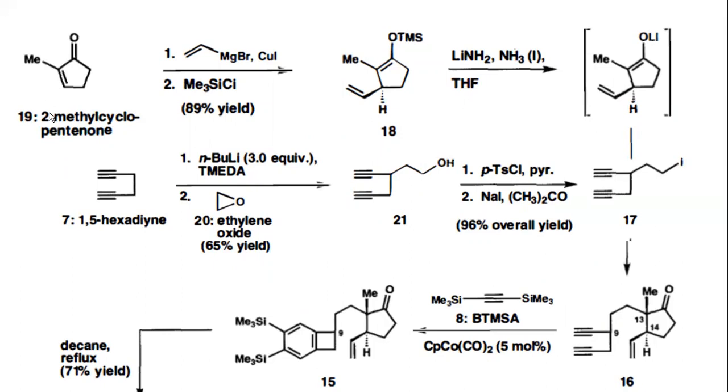Now come to the synthesis of estrone. Here we can use 2-methyl cyclopentanone, which is further reacted with Grignard reagent in the presence of cuprous iodide. And this cuprous iodide will change the addition of Grignard reagent.